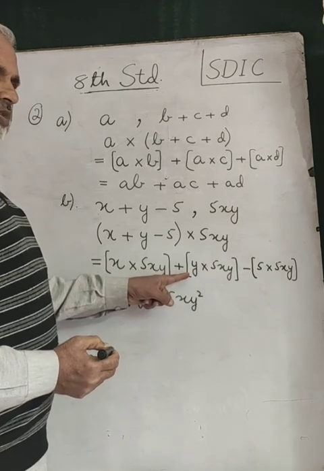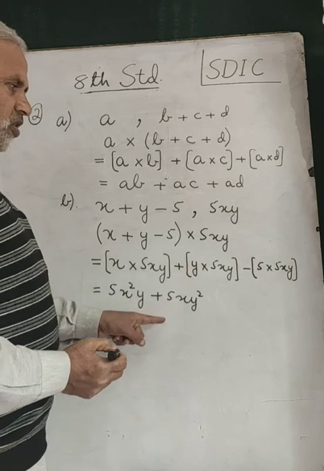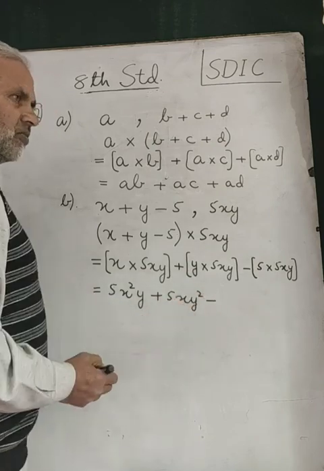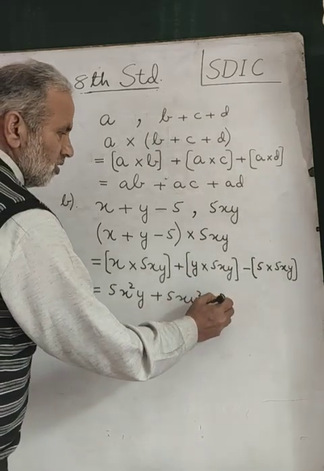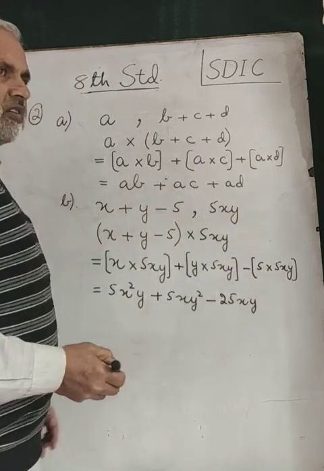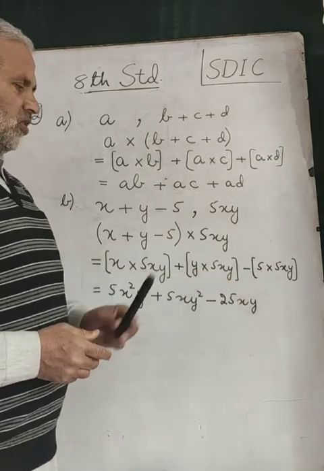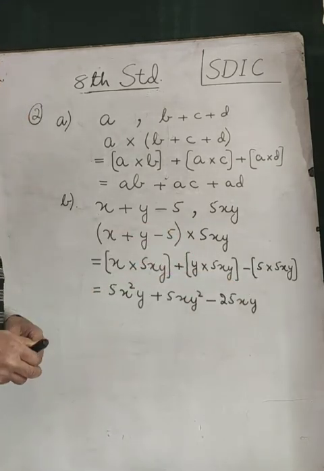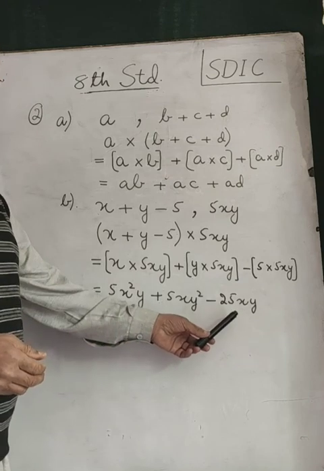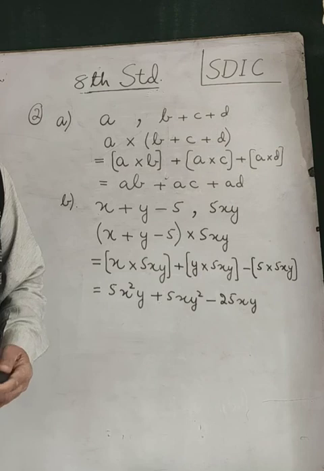X does not appear in the first expression, so x will remain as x. Coefficient will be 5 ones are 5. Then minus. Third term will be 5. 5 fives are 25. X will remain as x. Y will remain as y. Because x and y are not in the first monomial. This is the result. And the terms again are unlike terms. Therefore cannot be combined. This will be the answer for this.